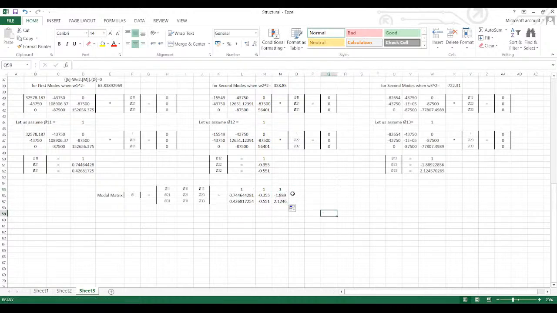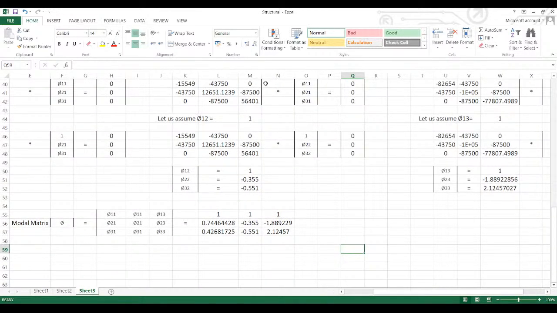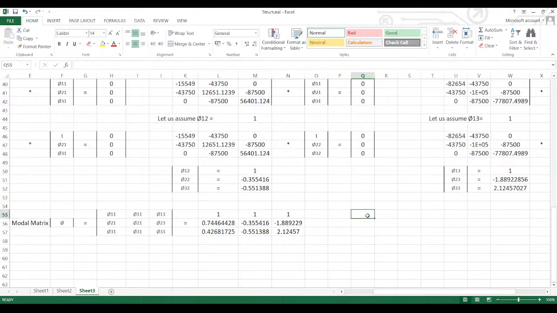This is our modal matrix. Here we have got the modal matrix. It is our required modal matrix.